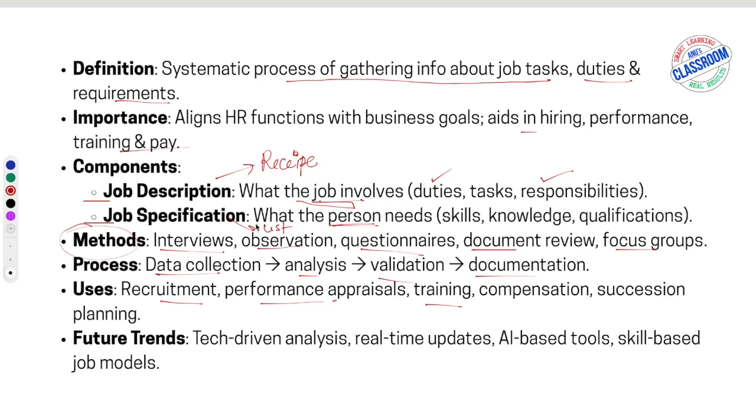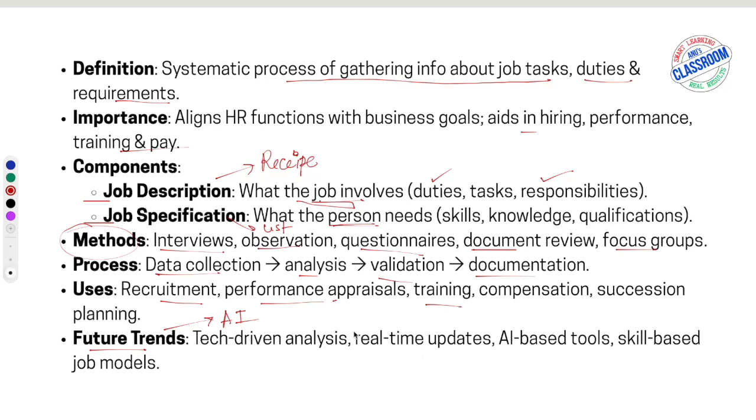So now before we wind up, let us quickly check on the future trends. That is what is coming next in job analysis. What is coming next or what is already here? You know what I'm talking about, of course you do. AI is here, data analytics is here, and remote work is becoming mainstream, right? So the way we analyze jobs is also going to change.